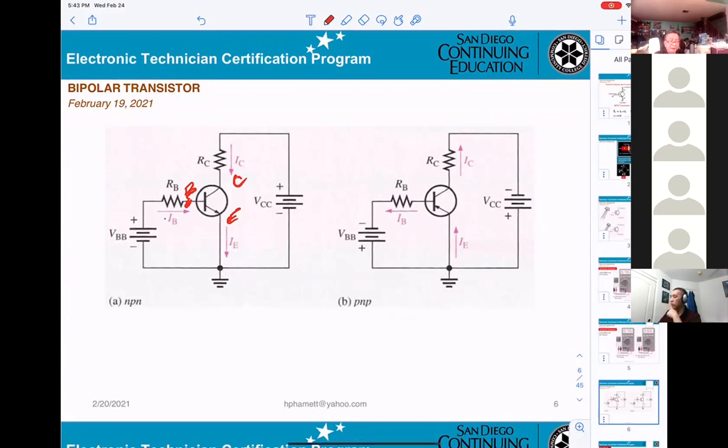That will be IB. The current leaving the emitter is IE. The current going to the collector will be IC. Basically, you can see two diodes. However, they draw only one diode. If you look back here, we get a base right here. You get one diode here. Collector. Another diode here.